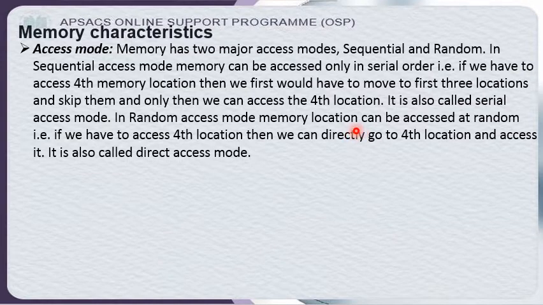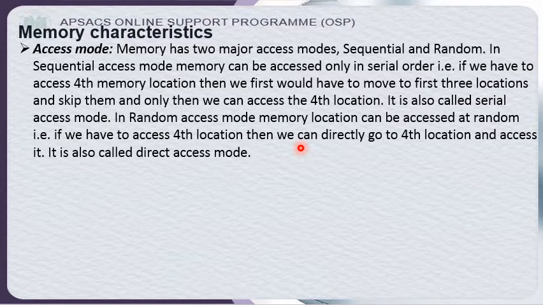Your hard drive, your USB drive, your CDs, they are all random access memory. Why? Because whenever you are accessing it, you can directly go to that specific location. On a computer, you are watching a movie, and at that time you directly want to go to the end scene.